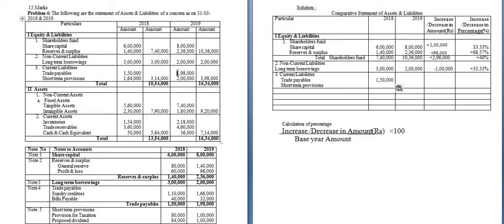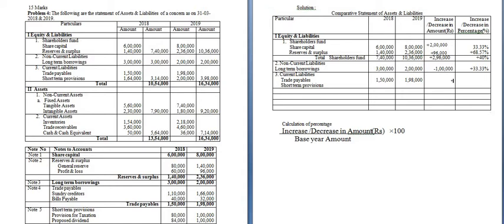It is 1,98,000. The details of 1,98,000 are given in note number 4: 1,66,000 plus 32,000 is 1,98,000. Now write here whether the amount is an increase or decrease.